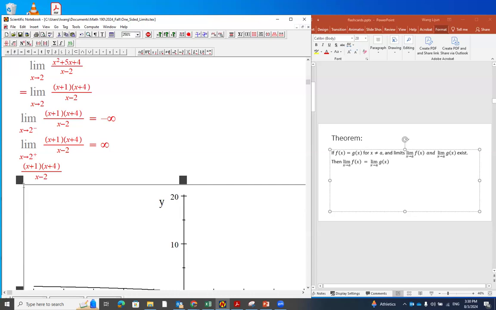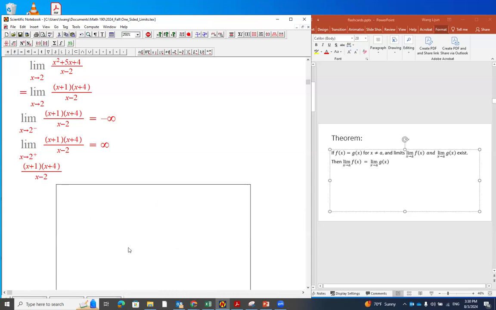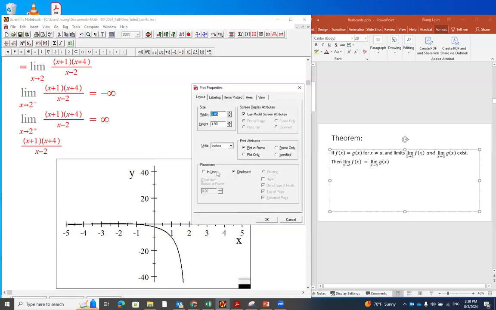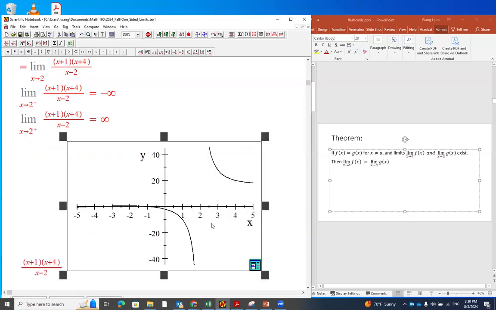Okay, so let's look at the picture. Let's look at the picture of the graph, right? As you can see, this function is doing pretty well elsewhere, but in the neighborhood of 2, we have a vertical asymptote.